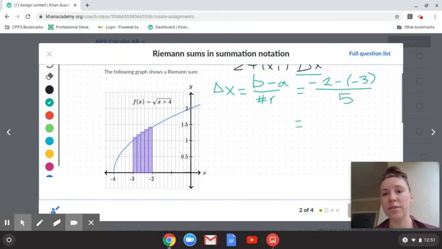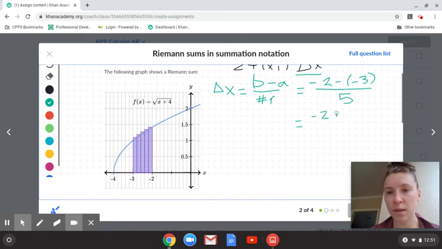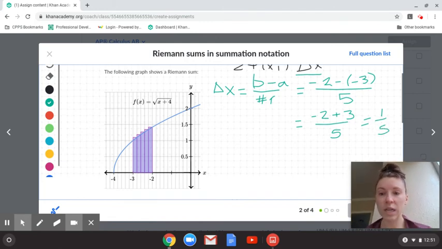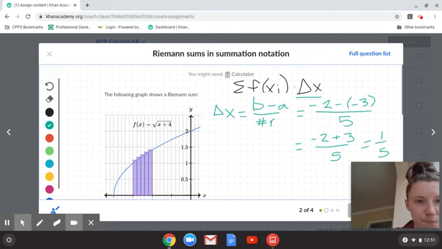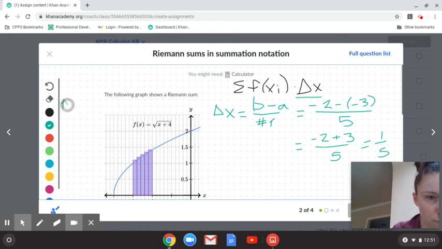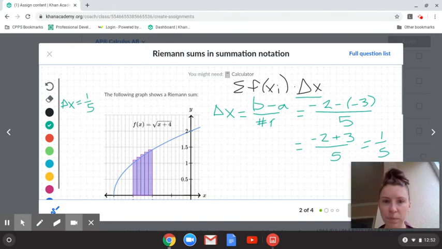So that means I got -2 plus 3 over 5, which is really 1/5. It's not as nice as the other one, but it's good we're working with fractions. So our change of x is 1/5. I'm going to write that over here. Cool. I'm going to erase this.